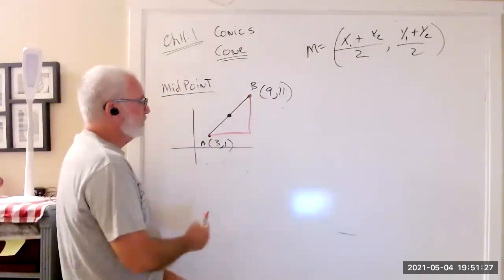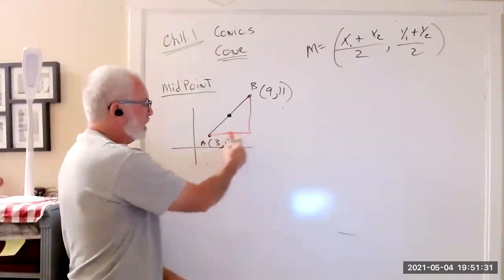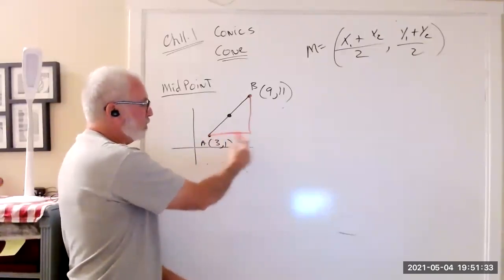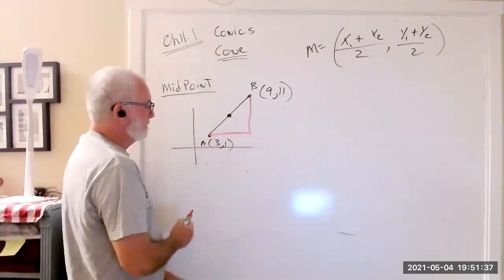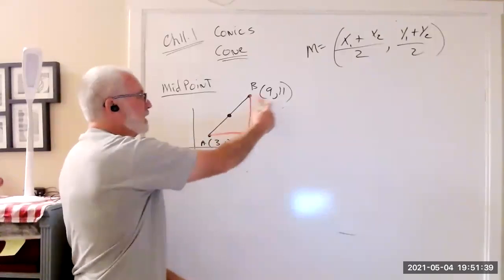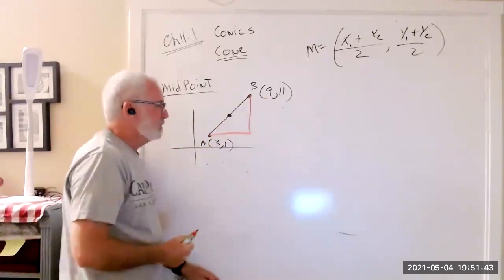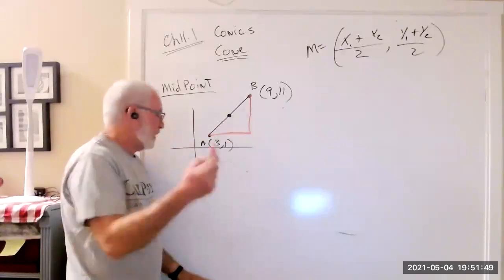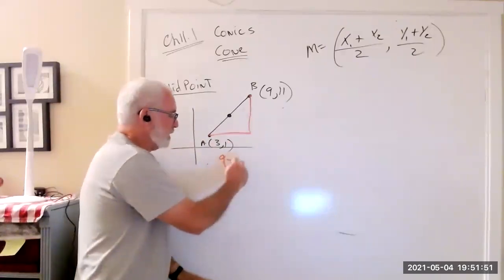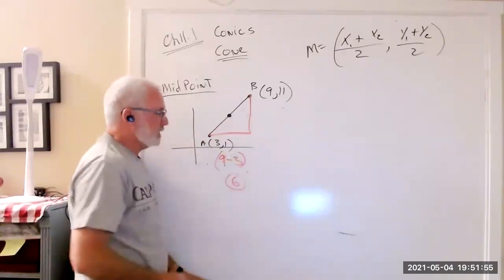So, question, on the horizontal line here, how long is this horizontal line? From 3,1 to 9,1, just the horizontal line. 6. So how'd you get that? 9 minus 3. Thank you. 9 minus 3 is 6. Yes. So the horizontal line is 6.